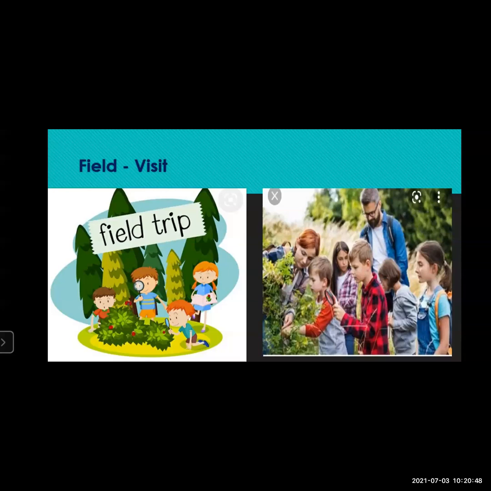Field visits are extremely useful for understanding the correlation between humans and environment. So this is a very, very important term for you, and that is why this term is included in all the classes.